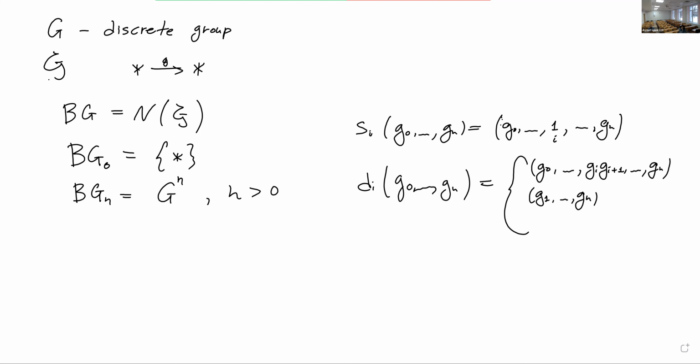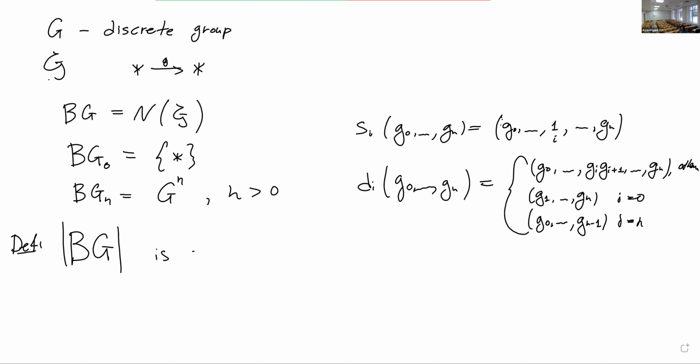So this is for i equal to 0. This for i equal to n is just the other one. Okay, so this is this simplicial set, and we have a geometric realization. So this is the definition. The geometric realization of this simplicial set is called the classifying space.